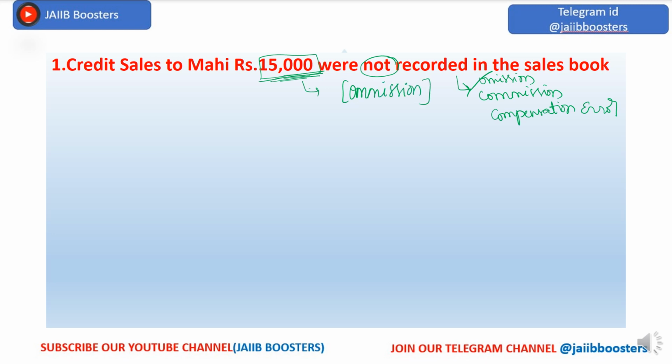So, write the rectification entry. Here, credit sales to Mahi 15,000 were not recorded in the sales book. In this case, we have to record it in the sales book.